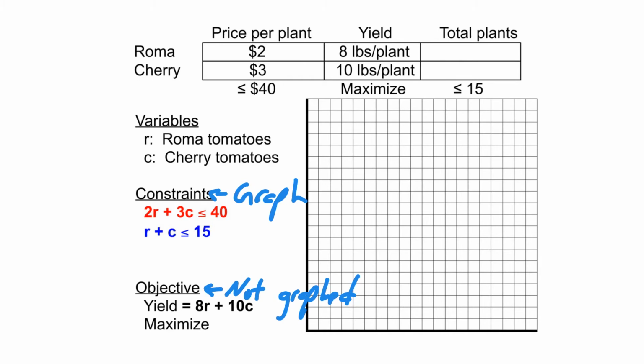So like if I want to find the r-intercept for this first equation, I'm going to plug 0 in for c. And so I have 2r is less than or equal to 40. So then that's going to give me 20 for r when c was 0. Now notice I'm writing it as a coordinate pair with r first and c second.